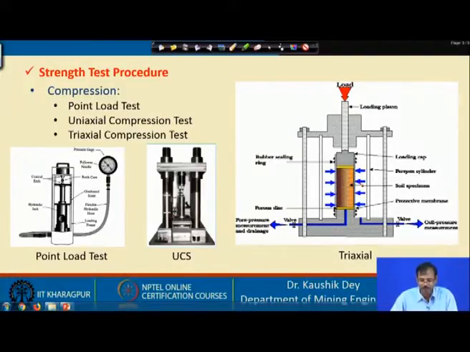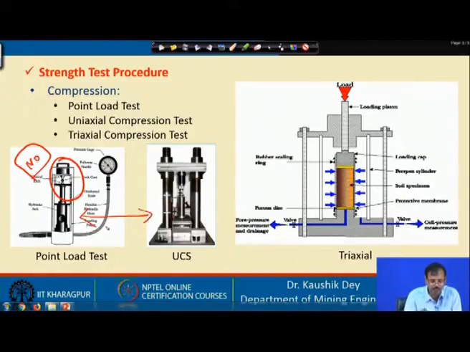The difference among these three is that in the point load test we can carry out testing on irregular samples also. The testing procedure is very easy, and the sample specification requirement is less. That is why a huge number of specimens can be tested, which gives a fairly good result to relate with the compressive test.